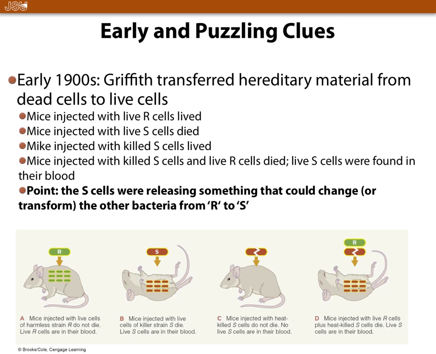The important point here is that the smooth cells were releasing something that could change, we call it transform, the non-harmful rough bacterium into the harmful smooth bacterium. Now, Griffith didn't know what that was.